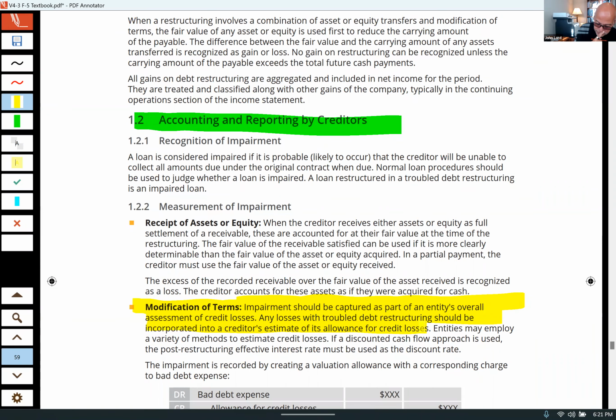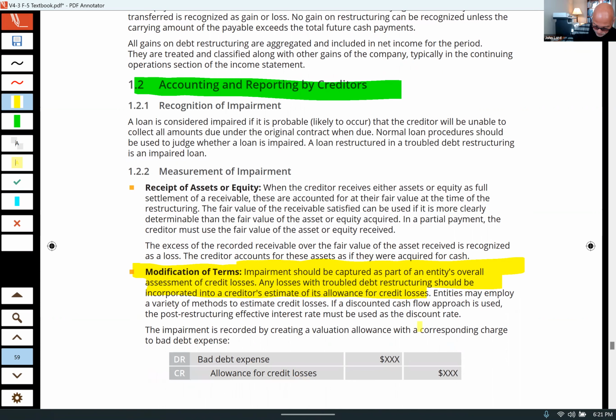And we're going to use a discounted cash flow approach. So we're going to be discounting the cash flows here.